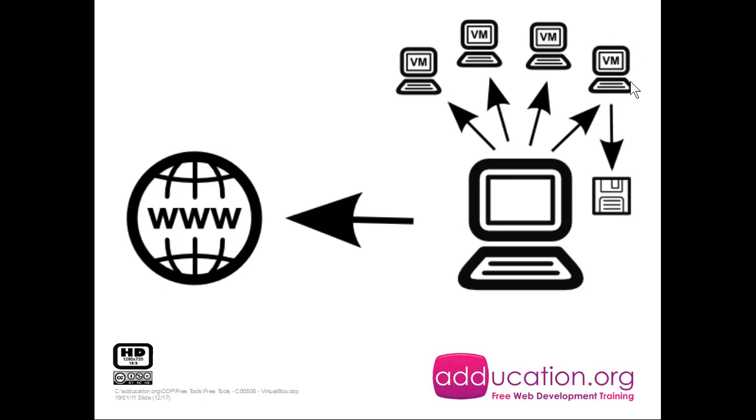A VM is a set of files, and I can store them on any storage I want, for instance, a USB stick. If somebody gives me a USB stick, I can install the virtual machines from the USB stick on my computer. So virtual machines are not really location related. I can even mail you a virtual machine.